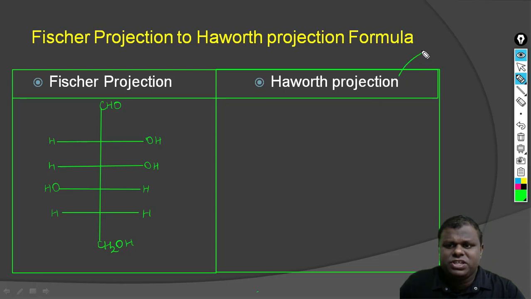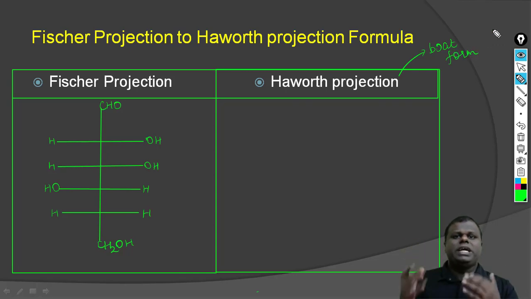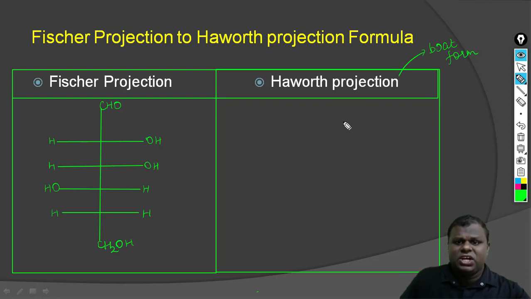The Haworth projection is basically something which you call the boat form, wherein you transform this into a pattern in which it's very easy to convert it into a ring structure. There are certain things that you should remember.